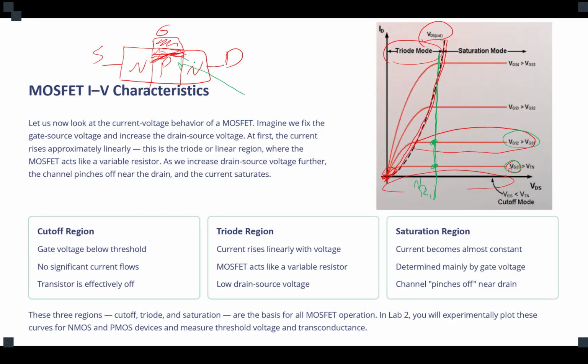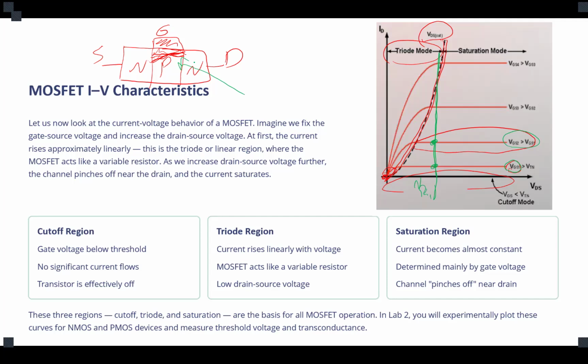At the beginning, before you saturate your channel, as you increase the voltage between drain and source, the current passing through would approximately increase linearly. But after a certain point, you reach and occupy the full capacity of that channel.